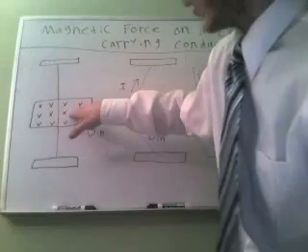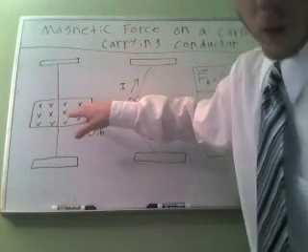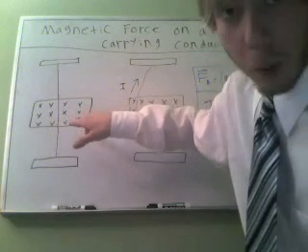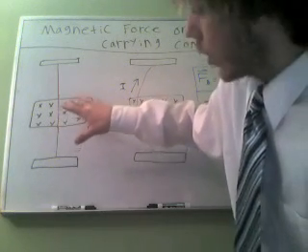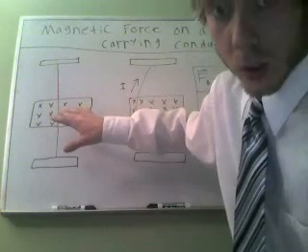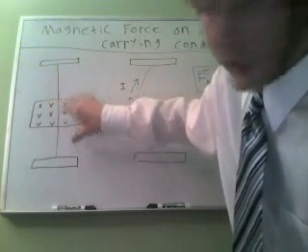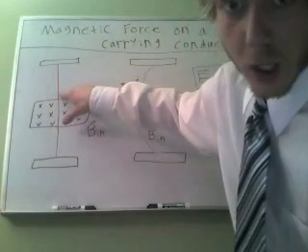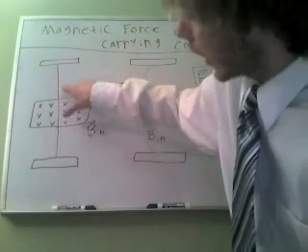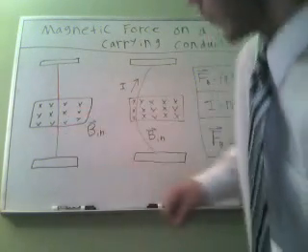If you remember what happens, right here we have no current, which means we have no charged particles in motion. So no moving particles, charged particles, to be affected by the external magnetic force, because this is just a wire between the two poles of a magnet. That's what the straight line is here.